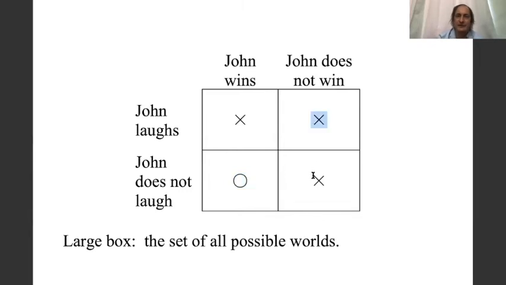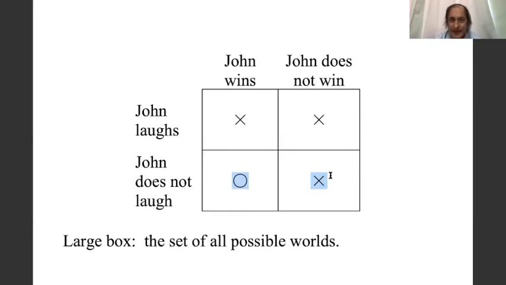This one and this one over here, those are worlds in which John does not win. Up above, we have worlds in which John laughs. Down below, we have worlds in which John does not laugh.